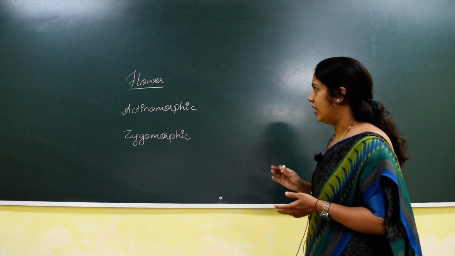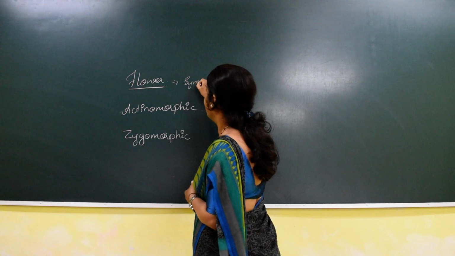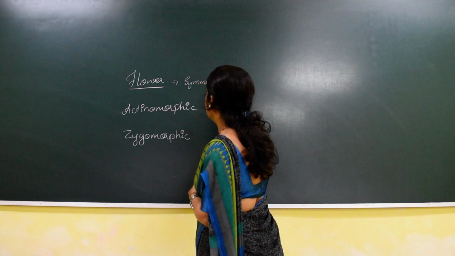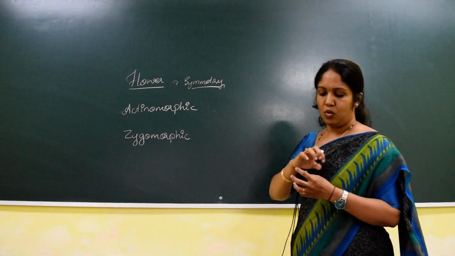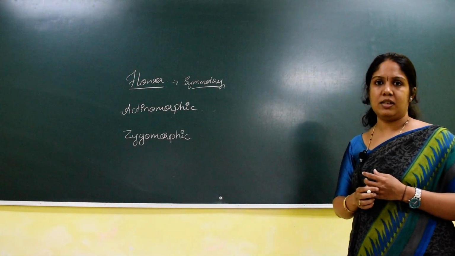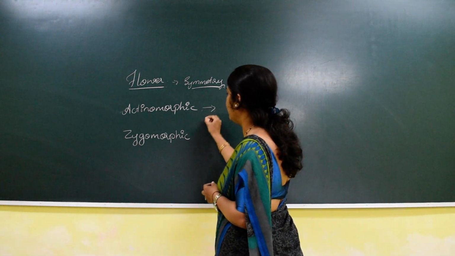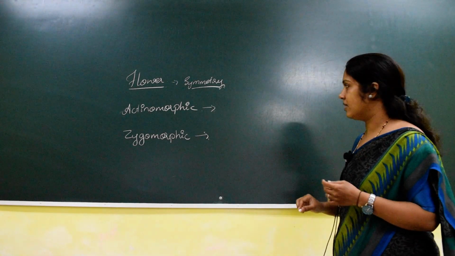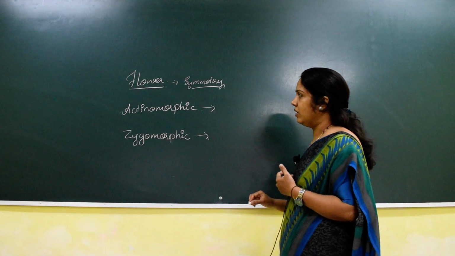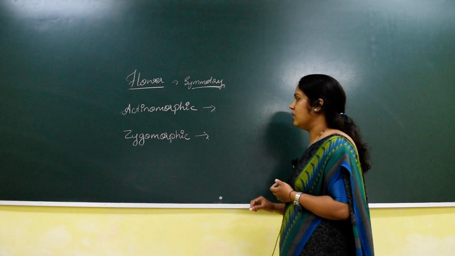That is symmetry. We are mainly studying the symmetry. Symmetry is nothing but the arrangement of the whorls of a flower. In symmetry, as I have said, actinomorphic and zygomorphic are very important for 1 marks, and in the families also we are going to come across these words.